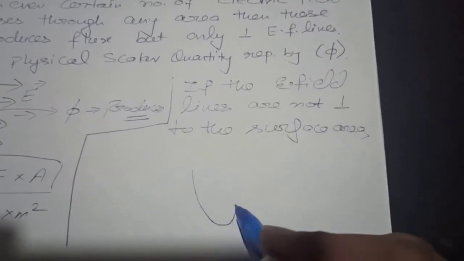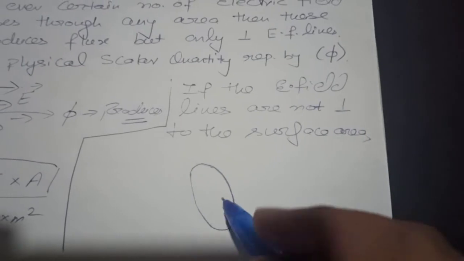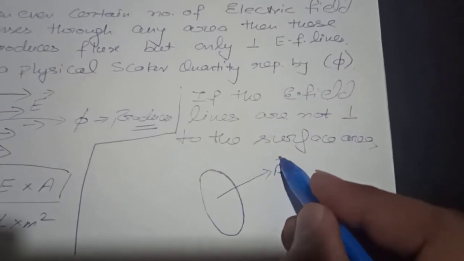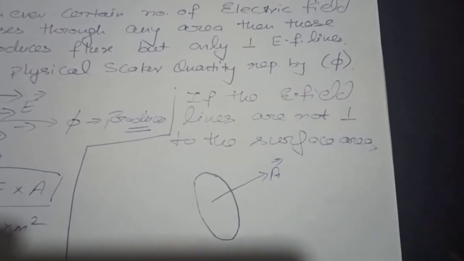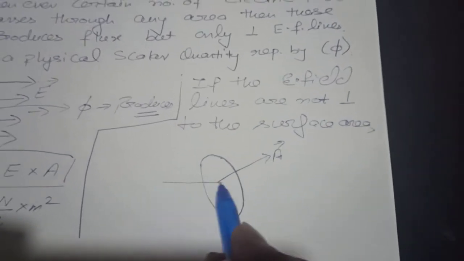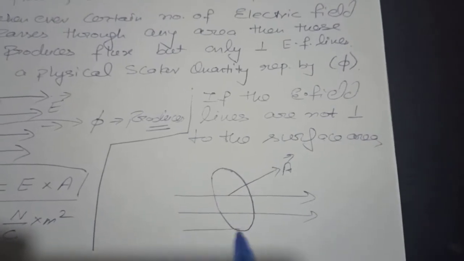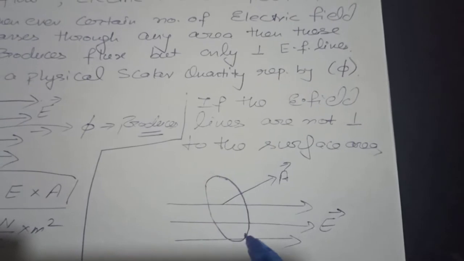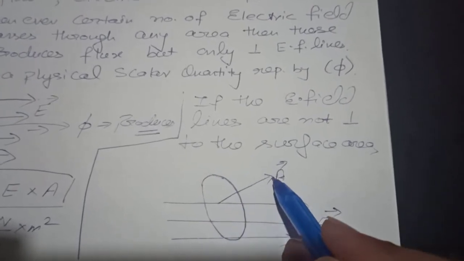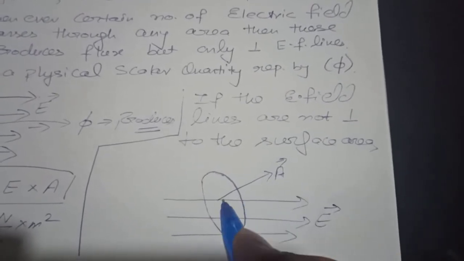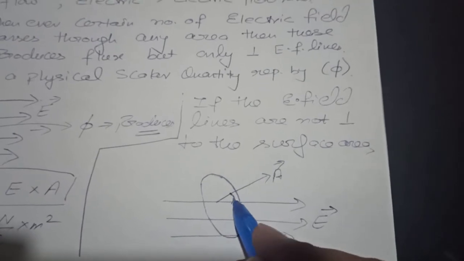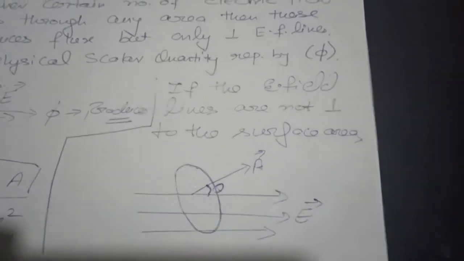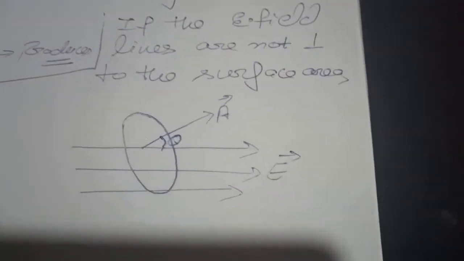Here the surface and its surface area vector, A vector or A cap, is in this direction, and the electric field lines are in this direction. So we see that the area has its surface area vector in this direction, perpendicular, and the electric field lines are in this direction. So both make an angle theta with each other. So the angle between electric field and area is theta.